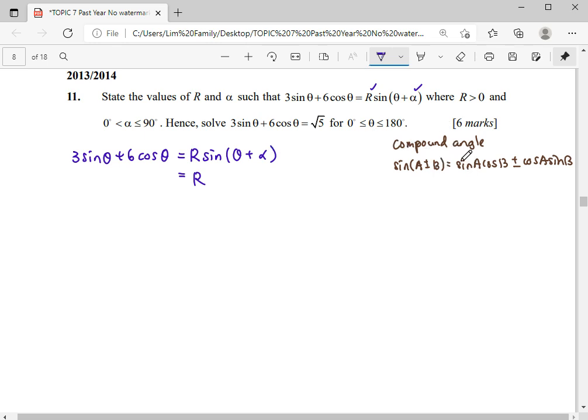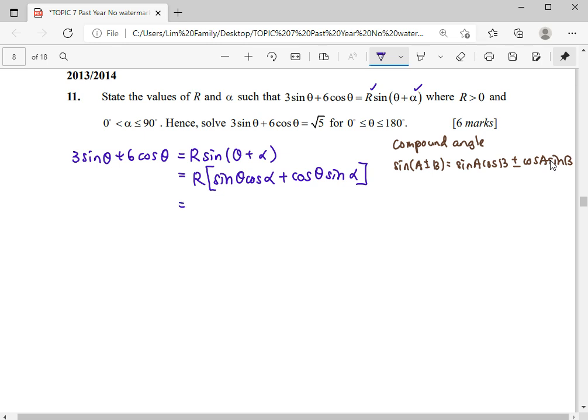We expand this compound angle and we get sine A cos B. Since the operation is plus, it follows with plus cos A sine B. So our expanded compound angle becomes sine theta cos alpha plus cos theta sine alpha.